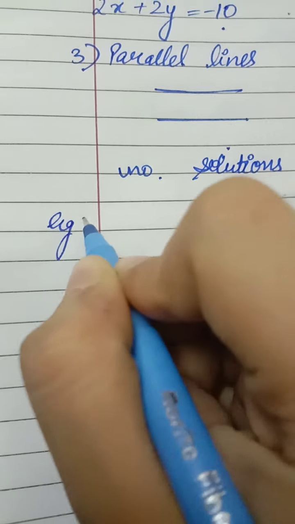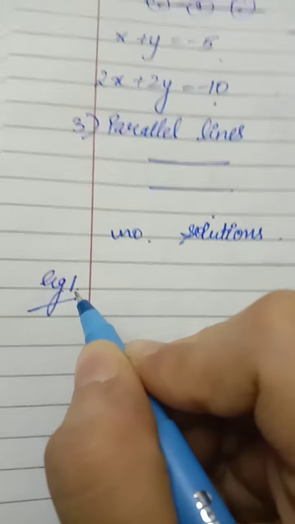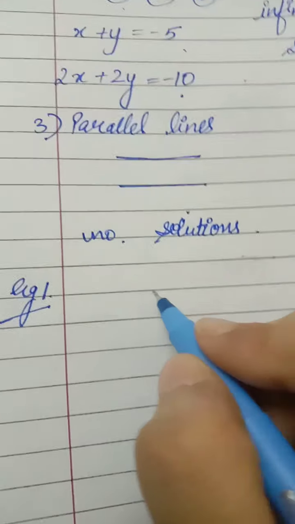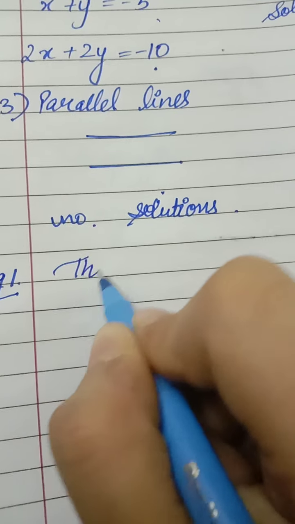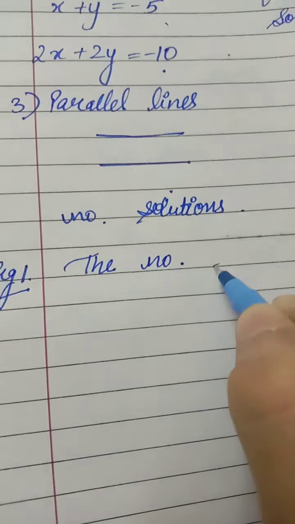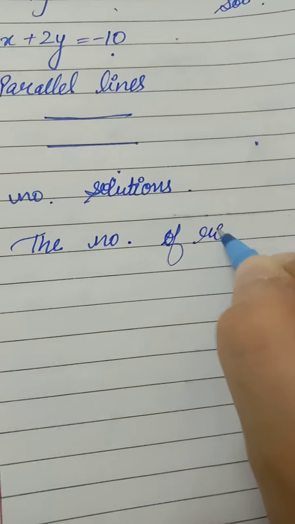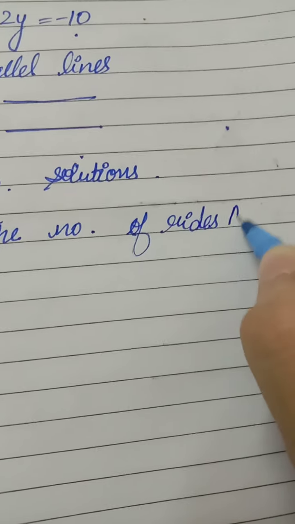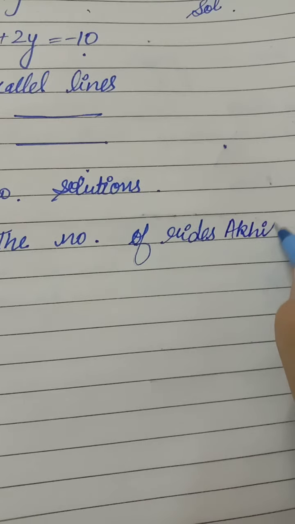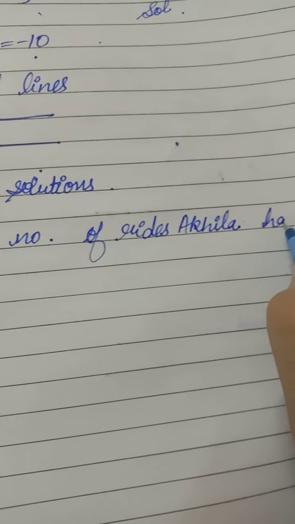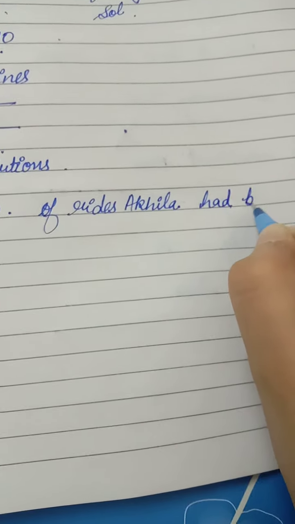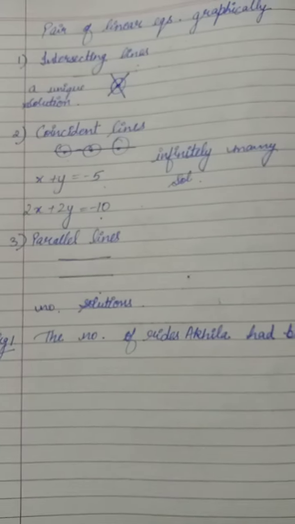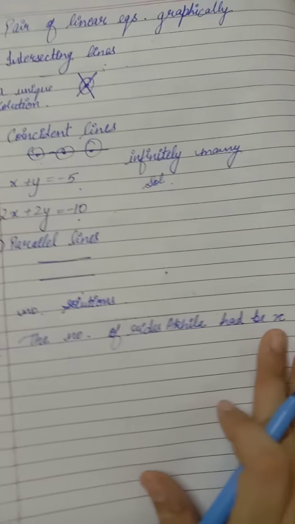So let us illustrate the 2 equations we'll be having. This is our example 1. First statement: the number of rides Akhila had is x.